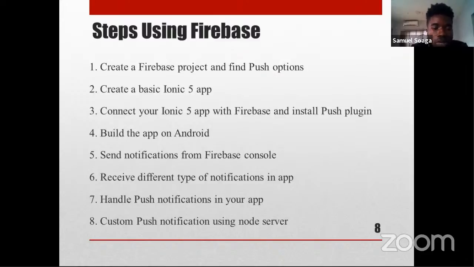You can also handle the push notifications in your app. Since the app is already on your phone, you can decide if you want to receive alerts for push notifications, if you want the notifications to be on silent, or if you want vibration. You can customize the push notifications using silence also.